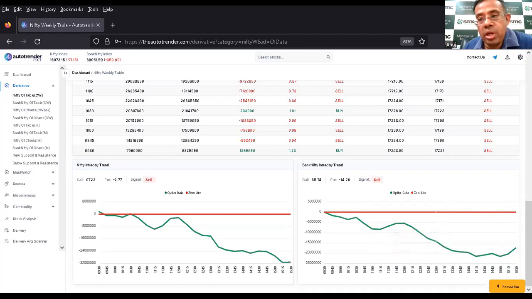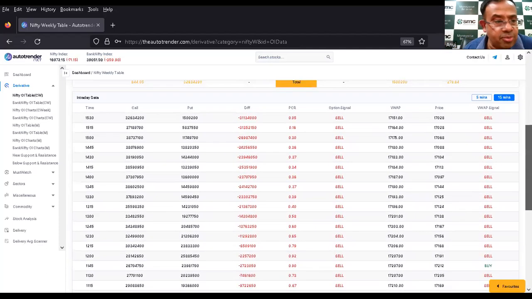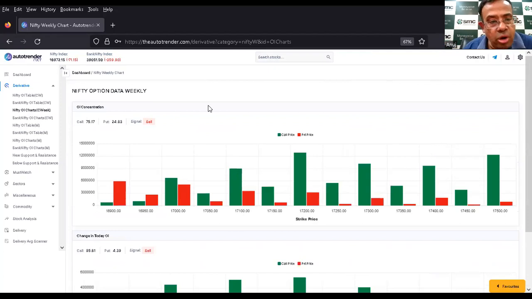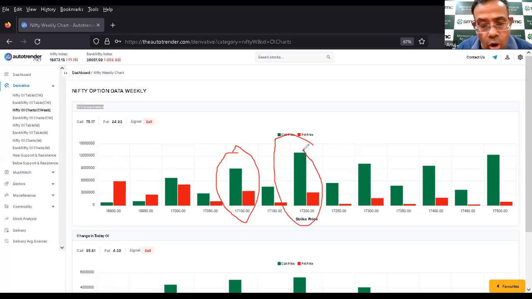So now coming on to the other aspect, if you have not noticed, we have given you Nifty OI charts. This is the bar chart of the OI concentration for the week. If you want to take a positional bet on the market, this is the chart you can see. Here you can see that 17,100 has a lot of call writing. 17,200 has a lot of call writing.